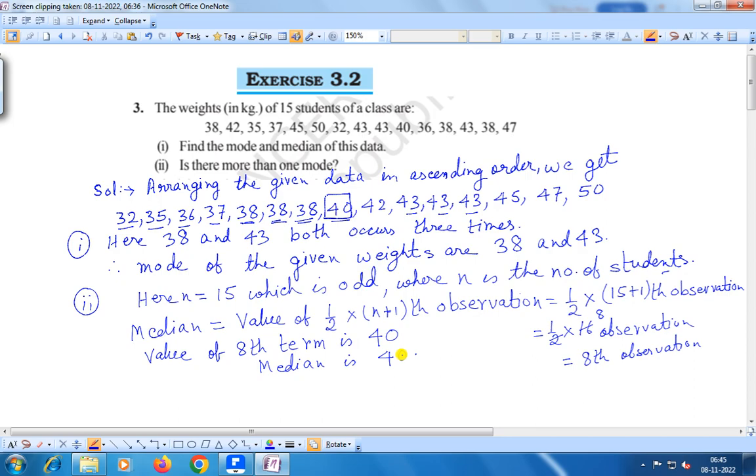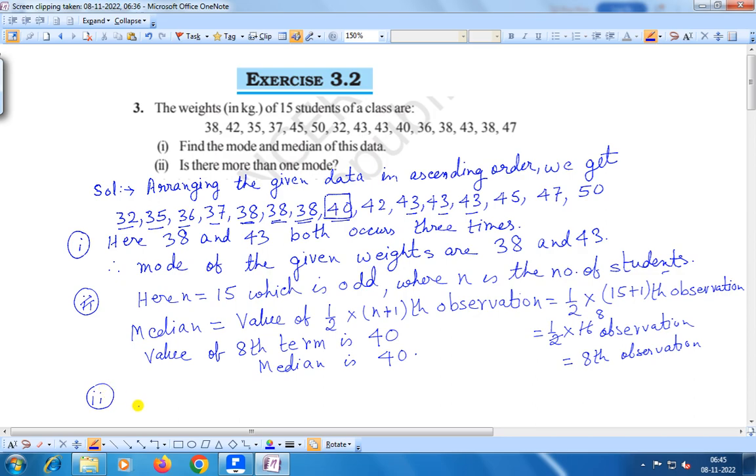Right? Now question number 2, is there more than one mode? Yes, there are two modes for the given weights of the students. This is for question number 1, and now question number 2, is there more than one mode?